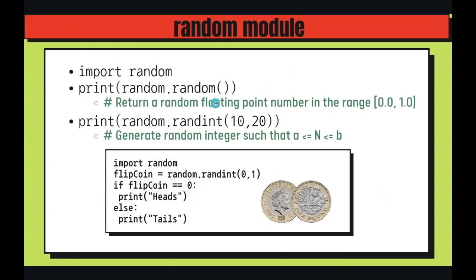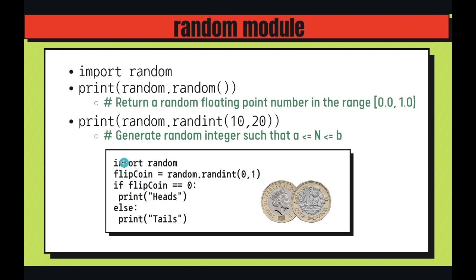The random function, which doesn't take any parameters as input and is also in the random module, generates a random number between 0 and 1, which is a decimal number, so it's a floating point number. However, we're going to use the random function again to create a heads or tails program.